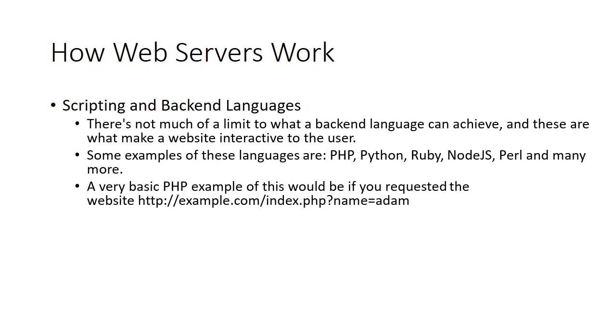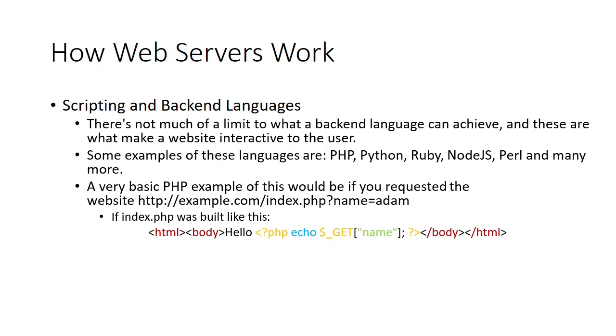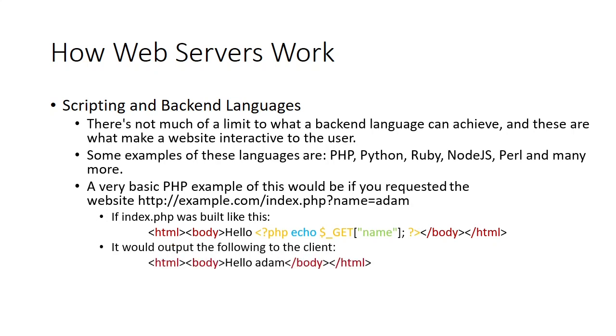A very basic PHP example of this would be if you requested this website, HTTP example.com/index.php?name=Adam. If index.php was built like this, it would output the following to the client: Hello Adam.